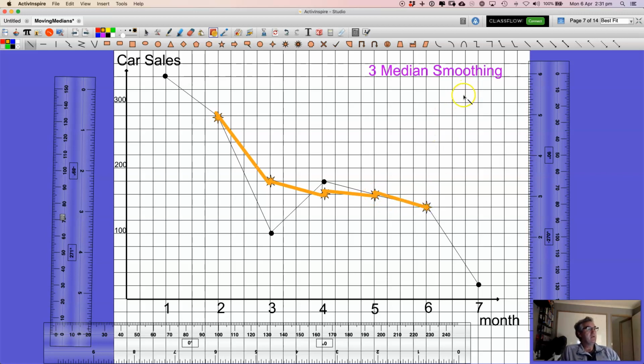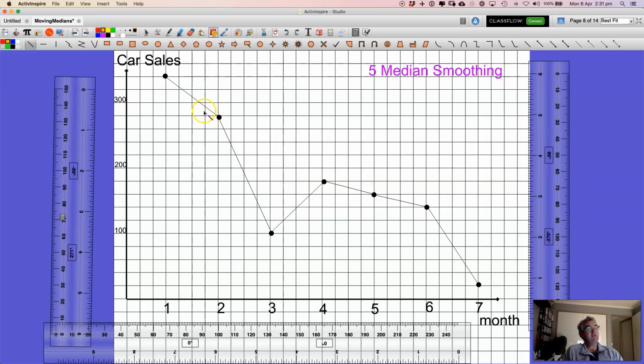And there you go. There's my new time series plot where I've actually applied 3 median smoothing. Okay. Let's move forward and have a go at 5 median smoothing.